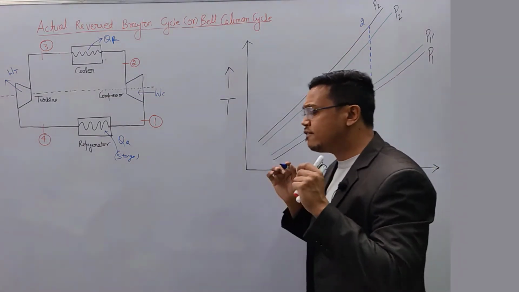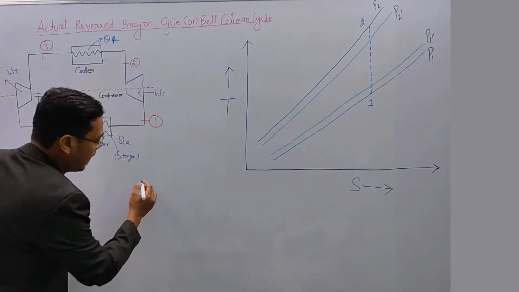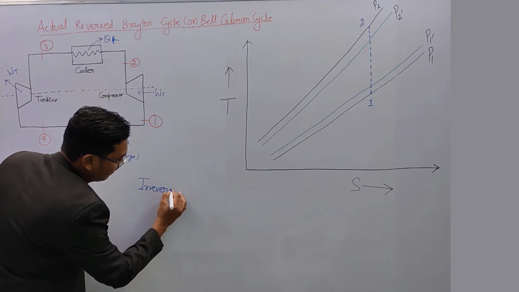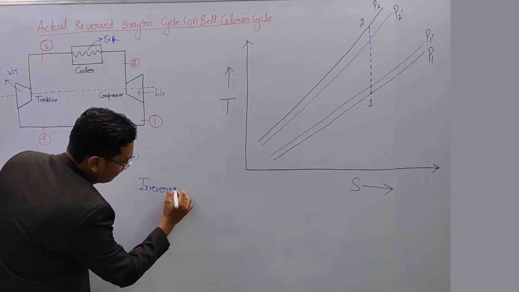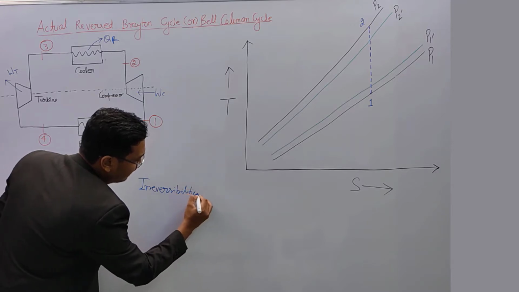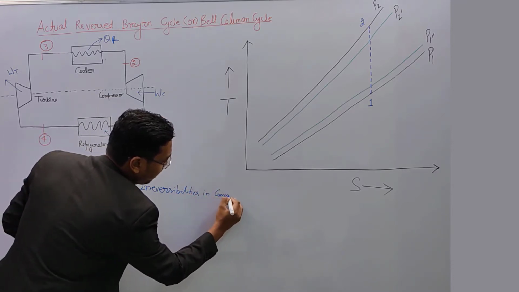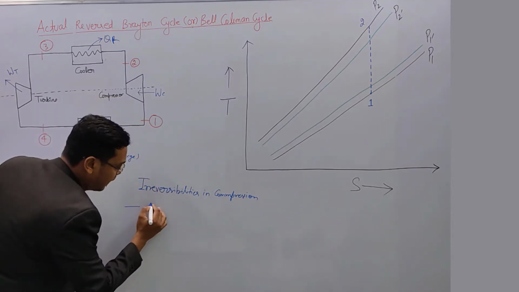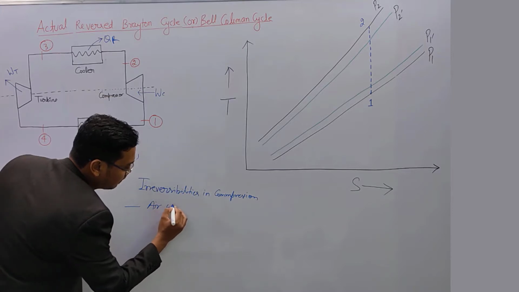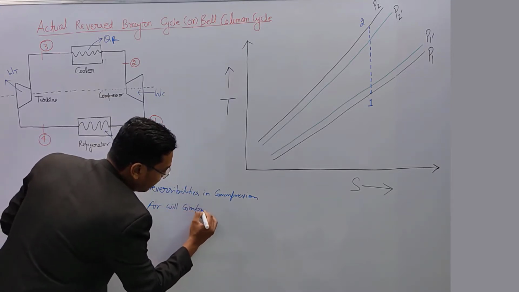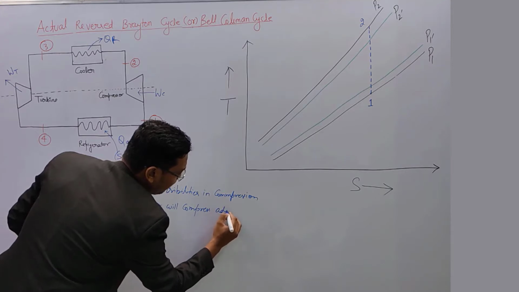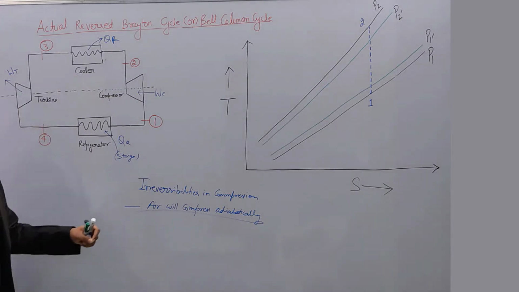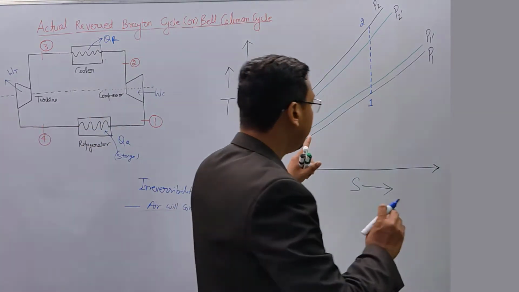If the process is as per the ideal reverse Brayton cycle, then the process will be 1 to 2. But because of certain losses, like irreversibilities in the compressor, air will compress adiabatically, not isentropically.